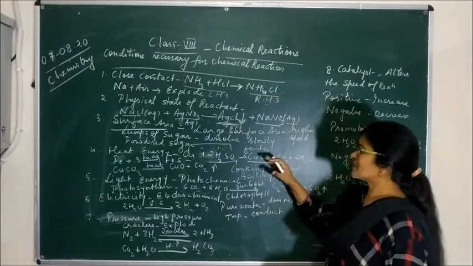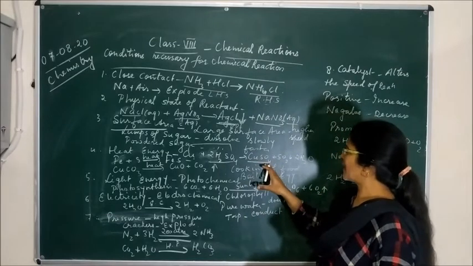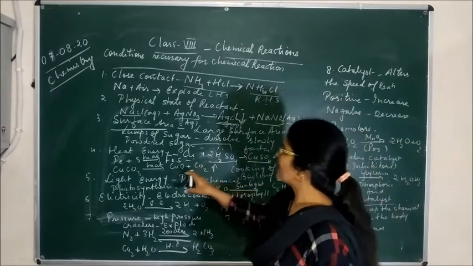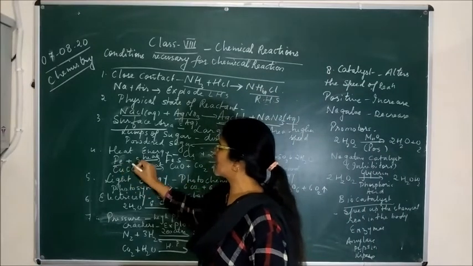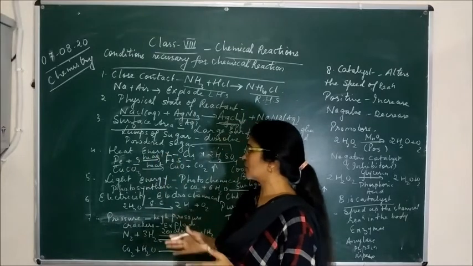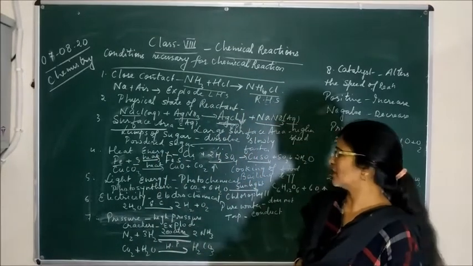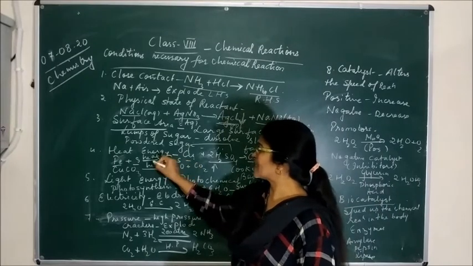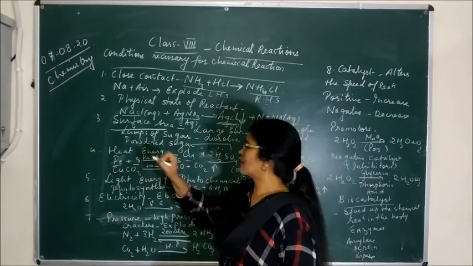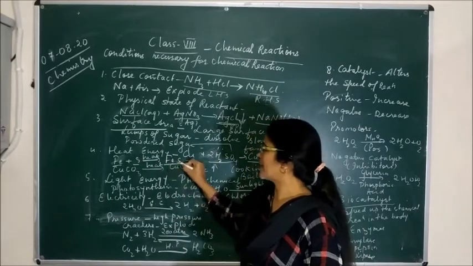So here both reactions take place because of the heat energy. Like iron plus sulfur: iron when combined with the sulfur, when both the elements are heated together, they form iron sulfide, that is FeS. So heat is applied, then only this iron will combine with the sulfur to form the compound iron sulfide.